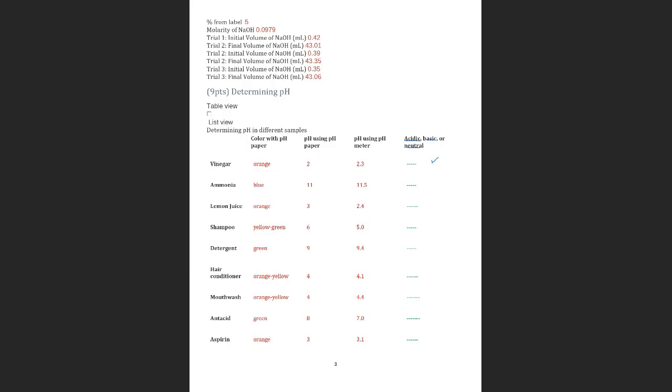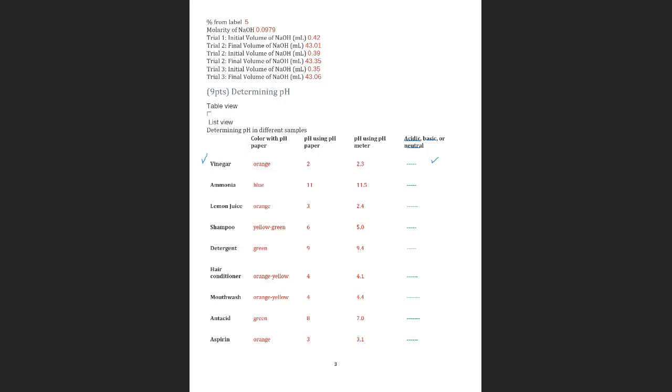So let's look at vinegar. Just to refresh, the pH is neutral when the pH is 7. When is the pH acidic? When it's lower than 7. When is the pH basic? When it's higher than 7.